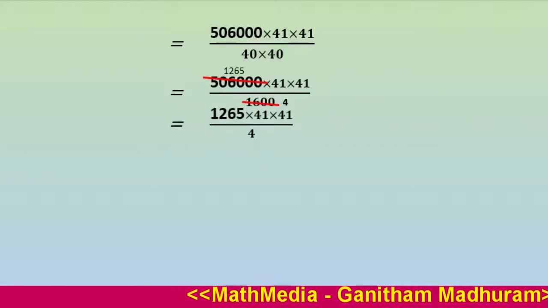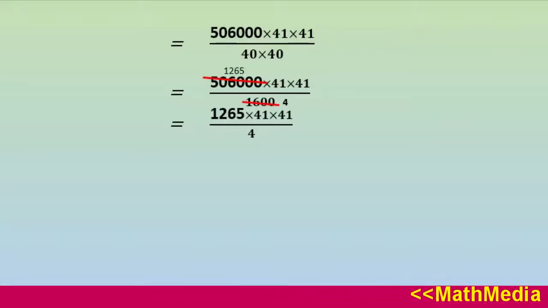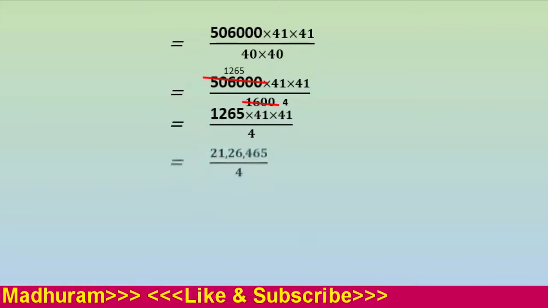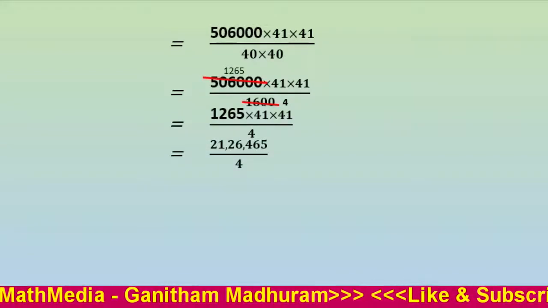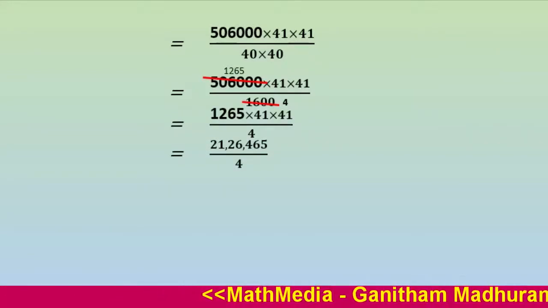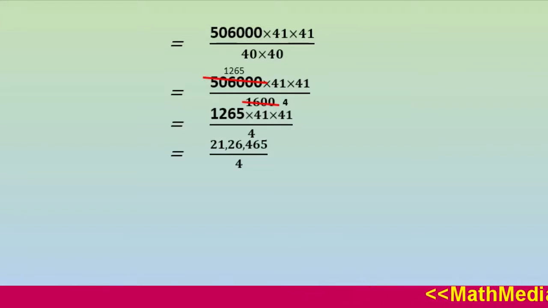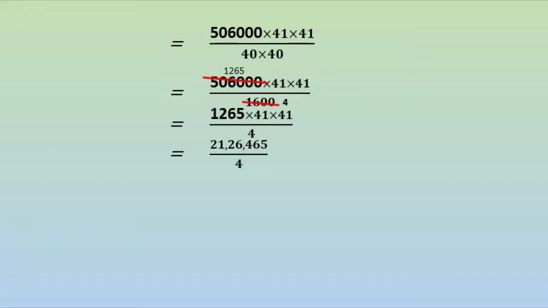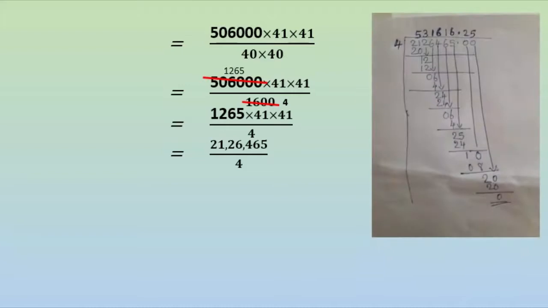While multiplying, 1265 into 41 into 41 whole divided by 4 gives 21,26,465 divided by 4. The given number is not divisible by 4, so you can do the long division which is given here.